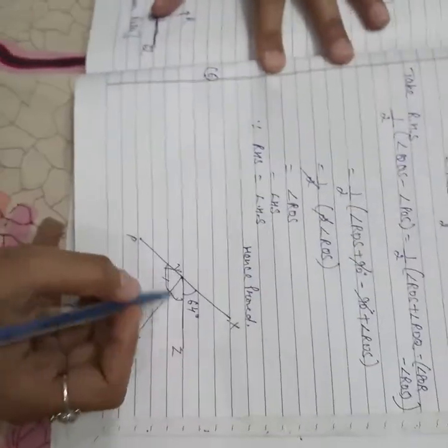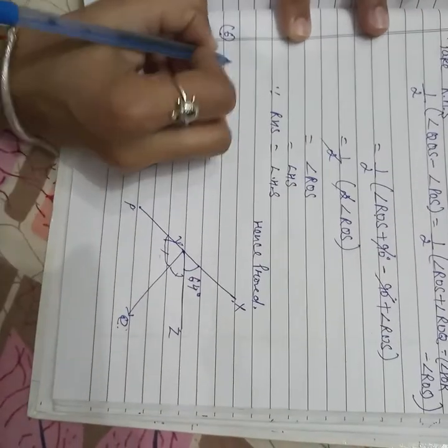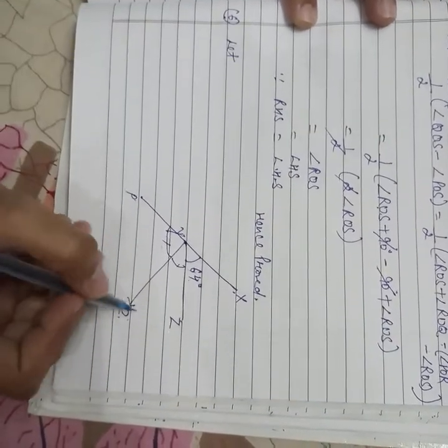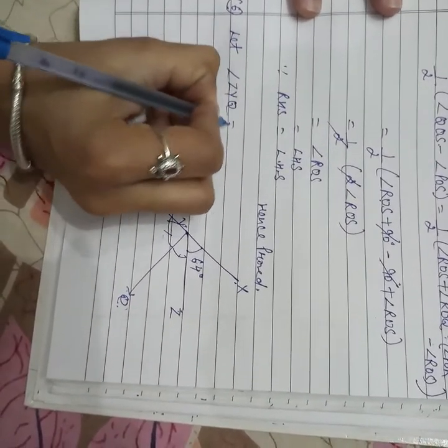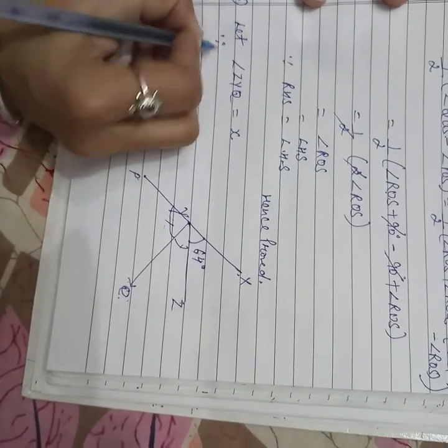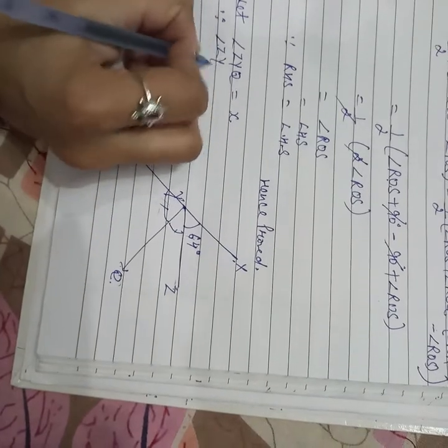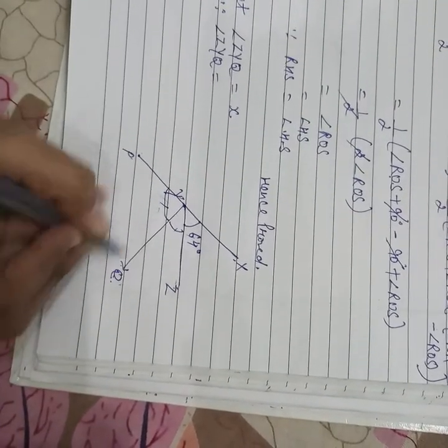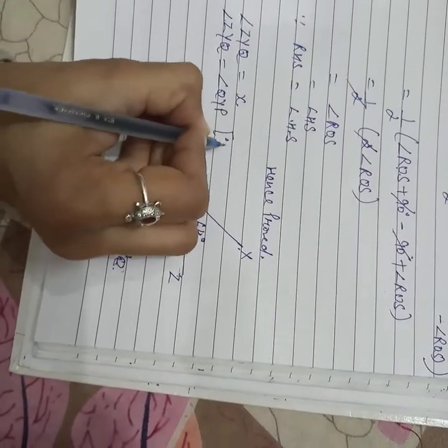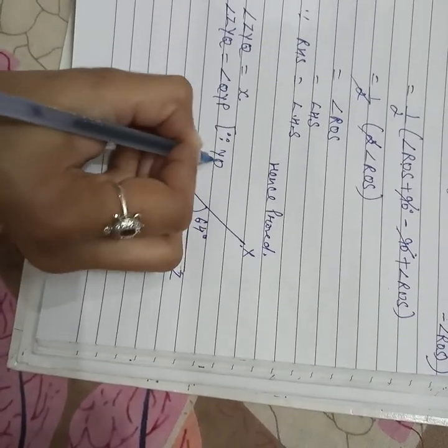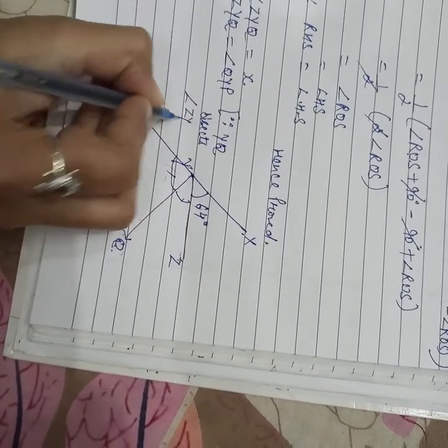Now we know that it is a straight line and the sum of these angles is 180. Let angle ZYQ equal x, because ZYQ equals QYP, because YQ bisects angle ZYP.